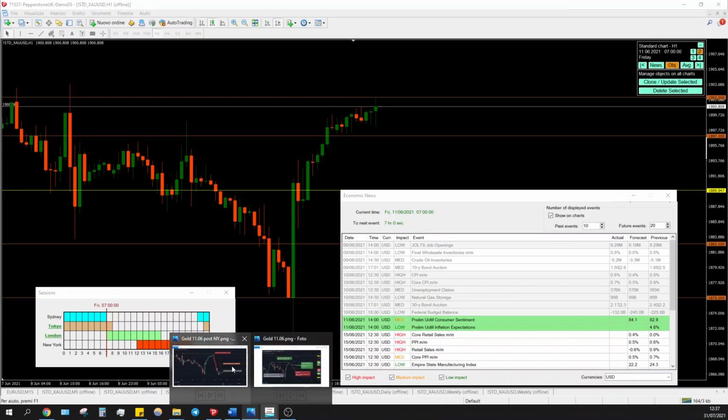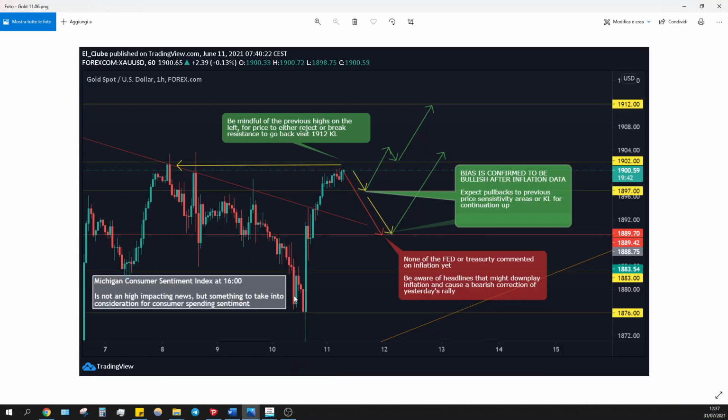So definitely a bullish bias for gold. This was a perfect trade called out, I remember, on the Zoom call with Jivan, with the liquidity grab and then price continuing up.